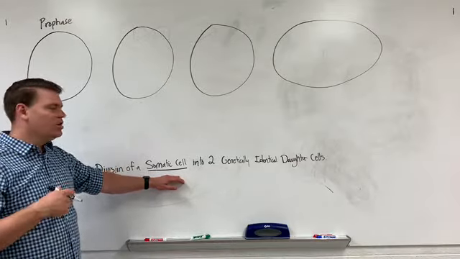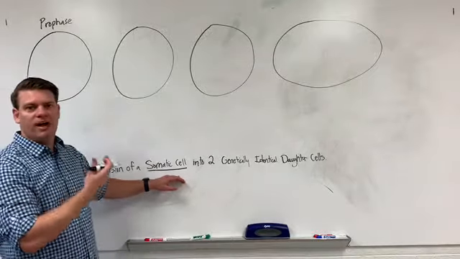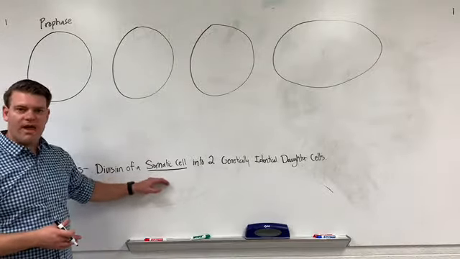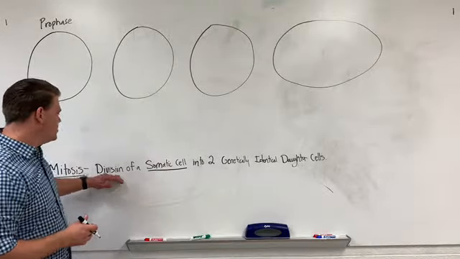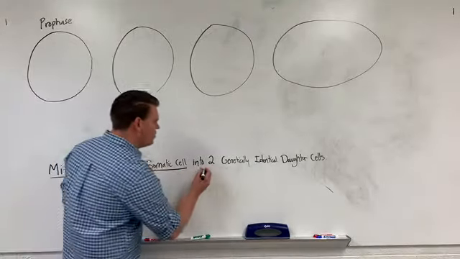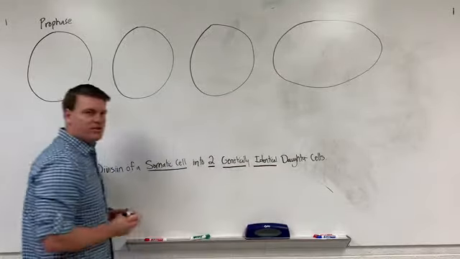So that could be your toe, that could be your heart, that could be your lung, that could be your hair, that could be your eyes, that could be your skin. Any of those cells are all somatic cells. So division of a single somatic cell into two genetically identical daughter cells.